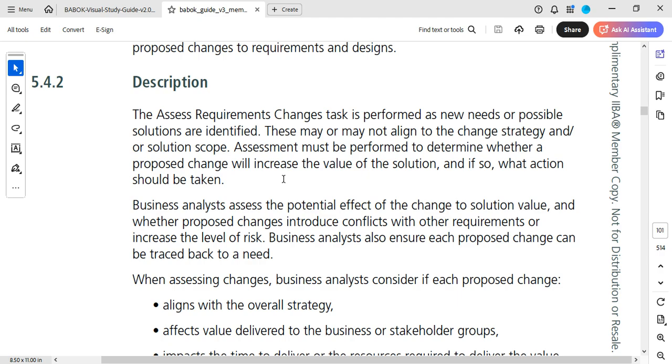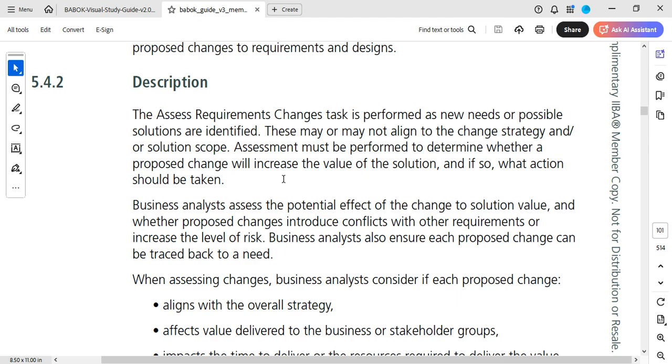This is where you assess requirement changes. These may or may not align to the change strategy and/or solution scope. Yes, at times when you have a new requirement, it may not align with your plan or your scope. So assessment must be performed to determine whether a proposed change will increase the value of the solution, and if so, what action should be taken.